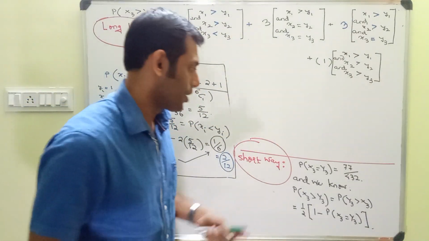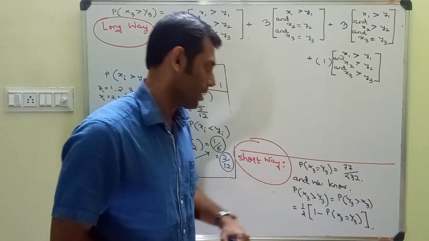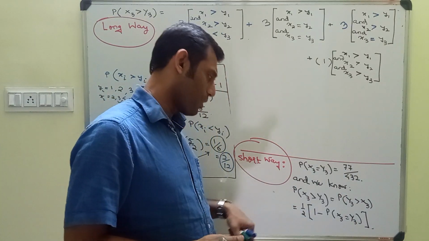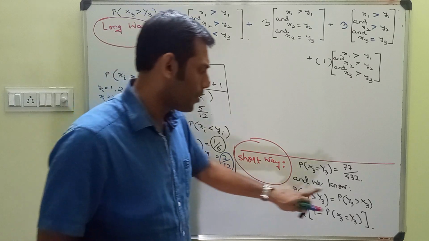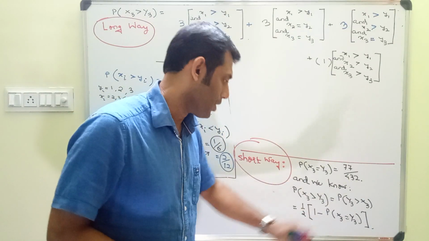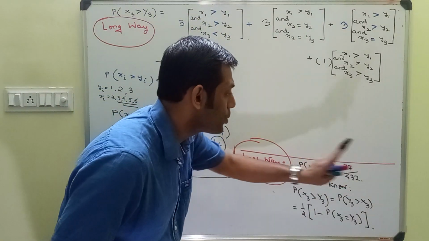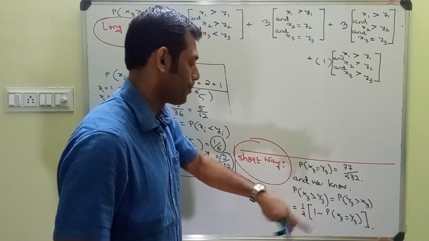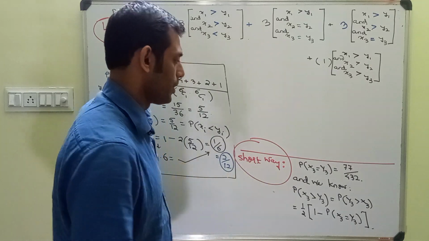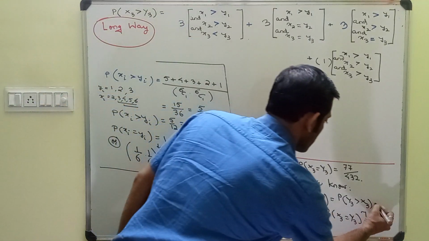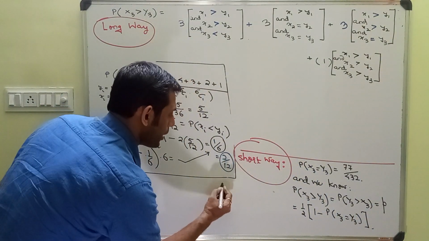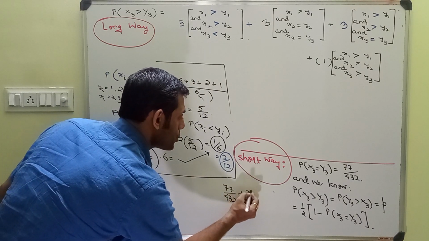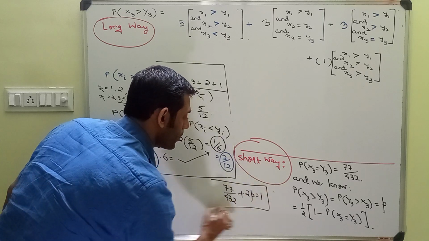Consider this. The total possible cases, case 1, case 2, case 3, all total added is equal to 1, but these two are equal. So therefore, if I take these probability values as p, then this plus 2p equal to 1. If I say this is equal to some p, that means 77 by 432 plus 2p would be equal to 1.